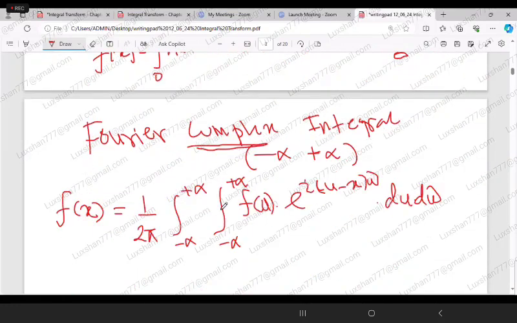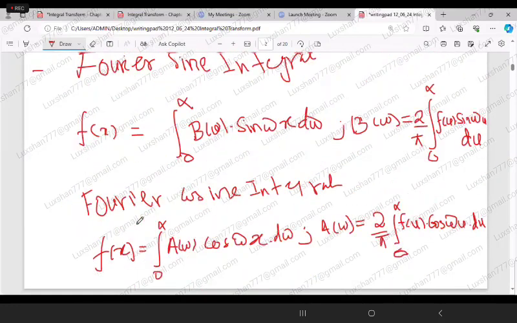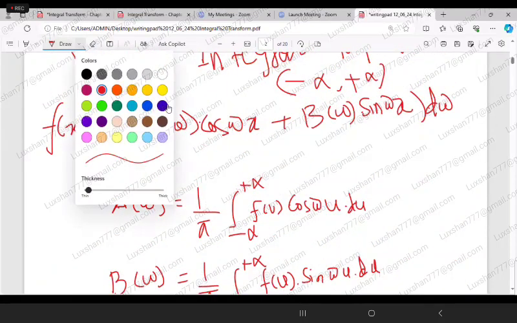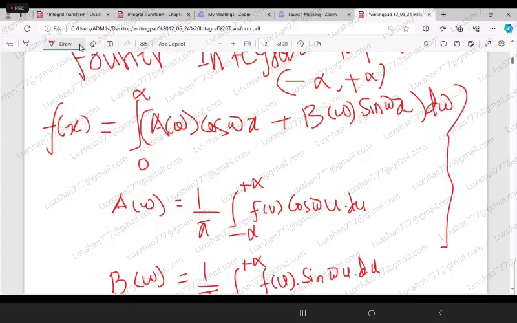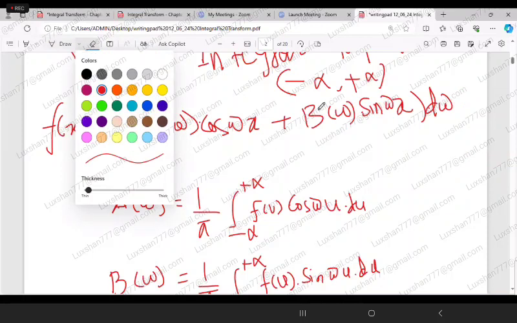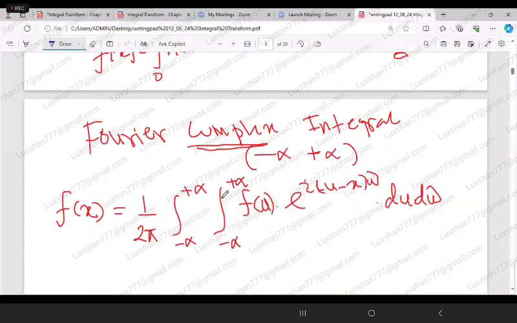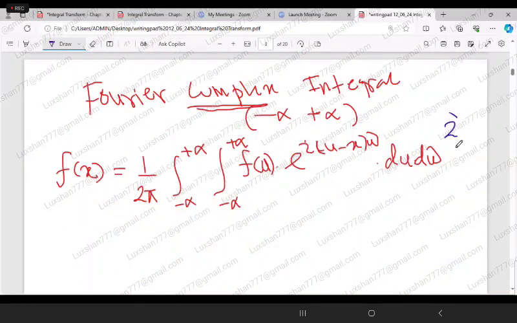Actually this is equivalent to this one. Say this one is the first one and this is the second one.